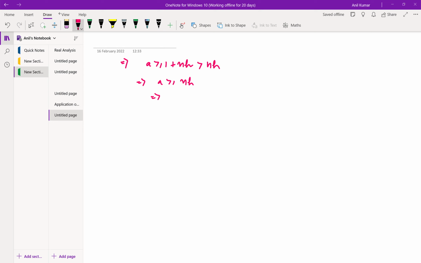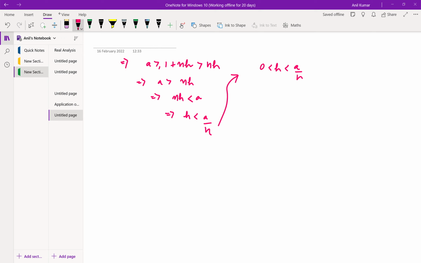So this implies nh is less than or equal to a, so h will be less than or equal to a by n. Here h is greater than 0, h is a positive number, and h is strictly less than a by n.